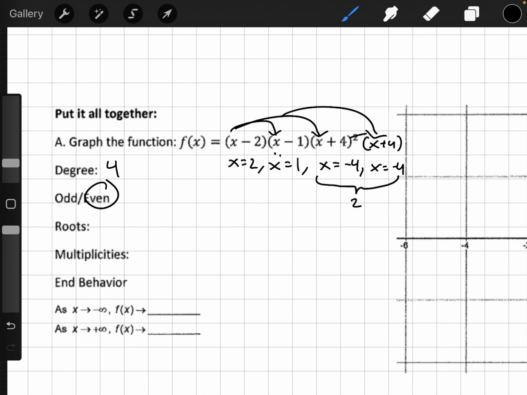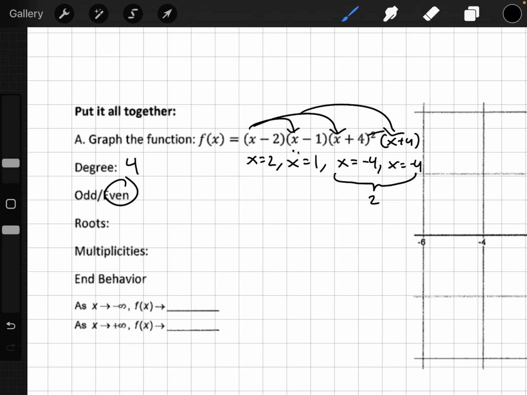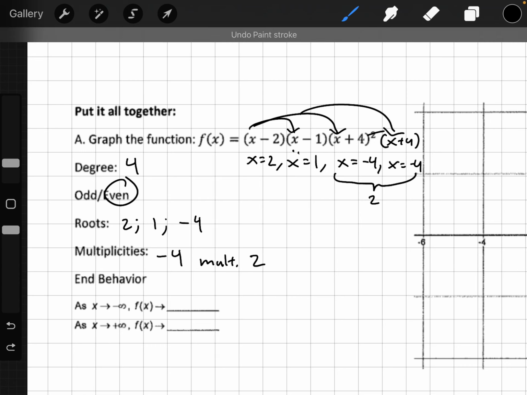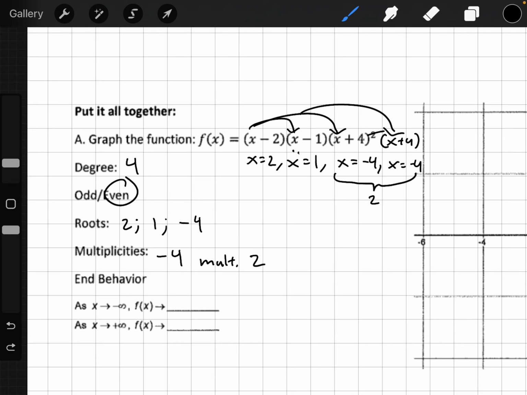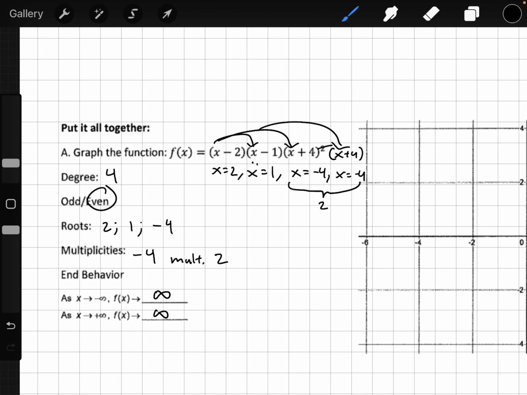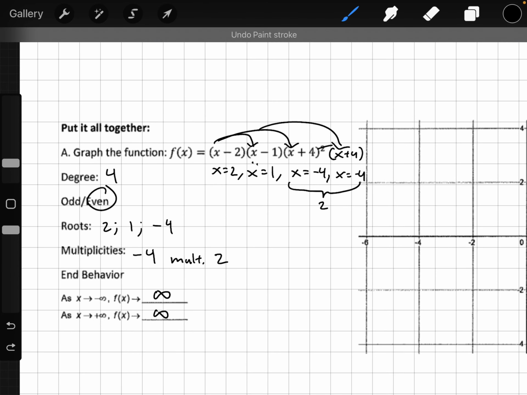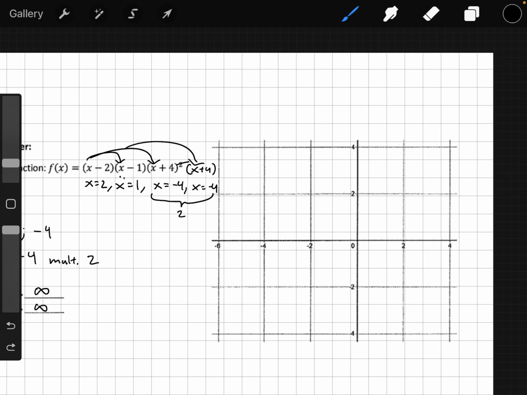So these two have multiplicity because they show up twice. So the roots are 2, 1, and negative 4. The multiplicity at negative 4 is 2, because it shows up twice. So this end behavior will go up to infinity because it's an even function.